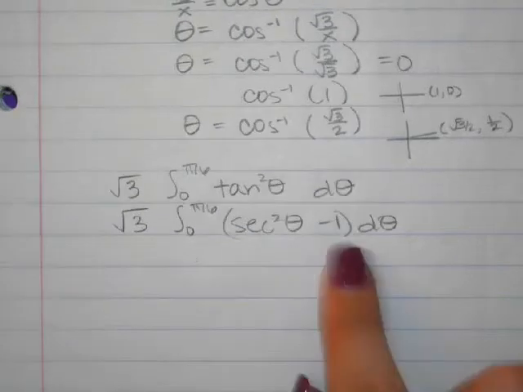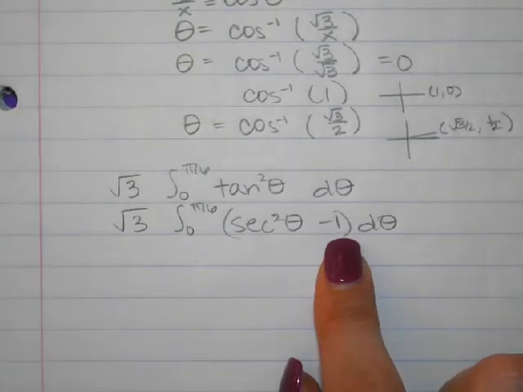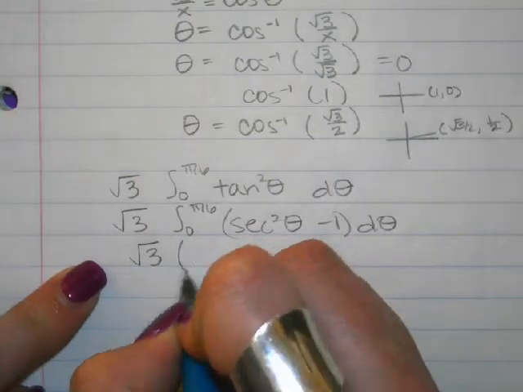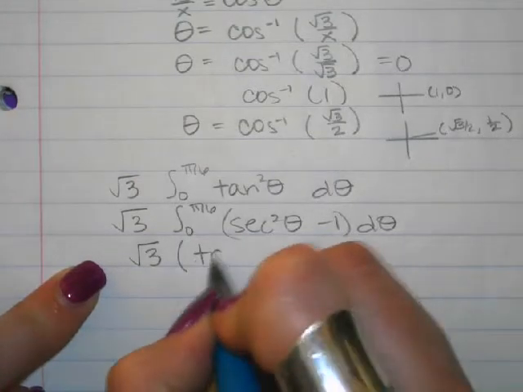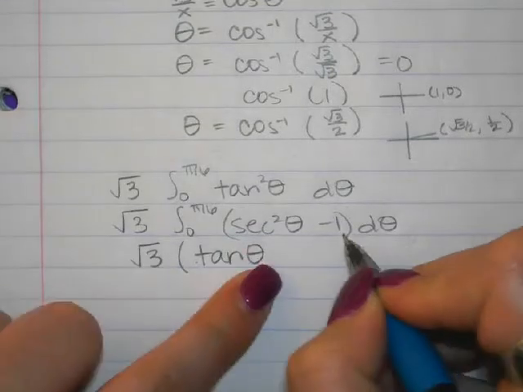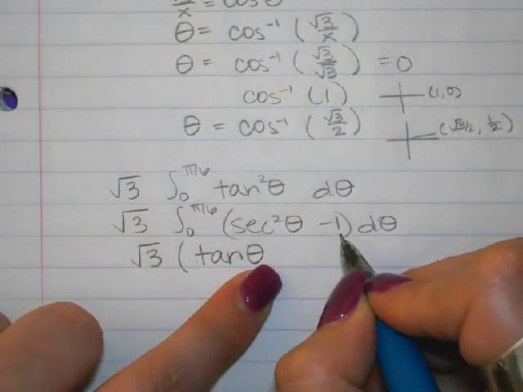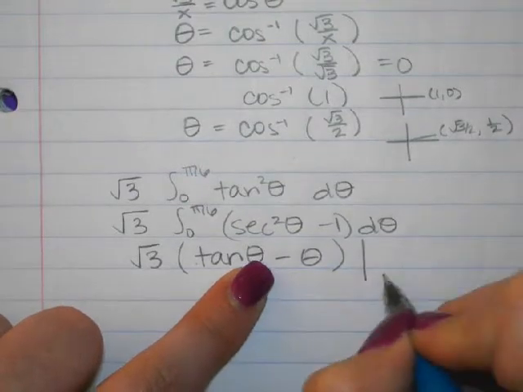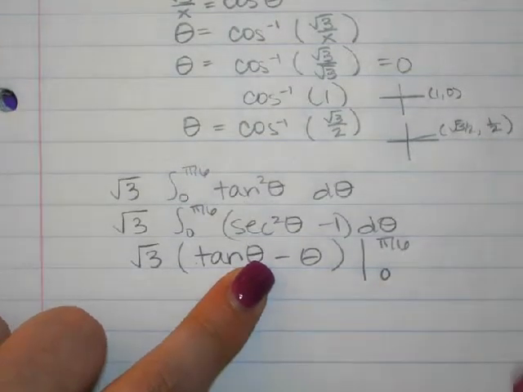Tan. And then we can find the antiderivative of 1. That's pretty easy. Okay, so we're going to say we got root 3. The antiderivative of secant squared is just tan. The antiderivative of 1 is theta. And we're evaluating this from 0 to pi over 6.